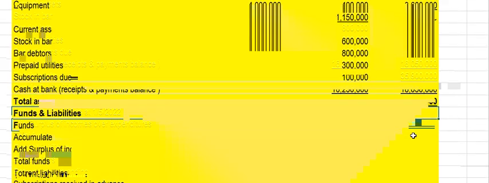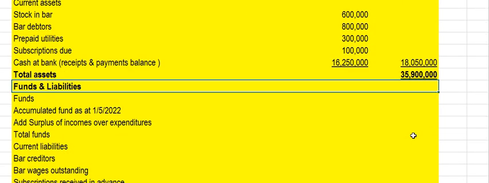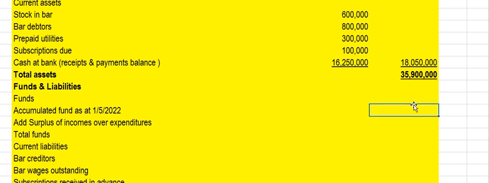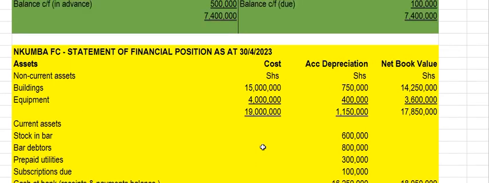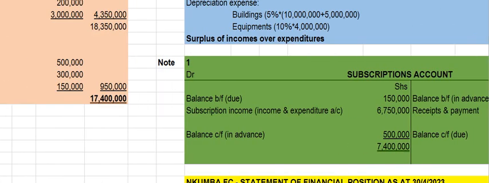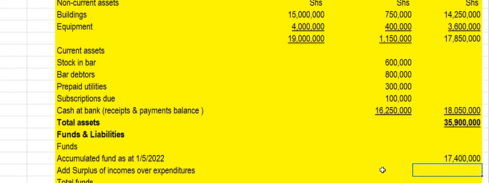We move to the funds and liabilities. We start with the funds, and under the funds we have the accumulated fund as at the start. So we have to get that accumulated fund, which we can get from our part A of the question. That accumulated fund was 17.4. You have to add the surplus of incomes.